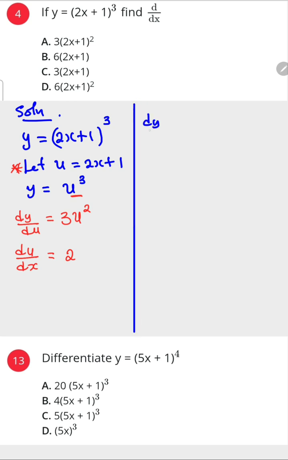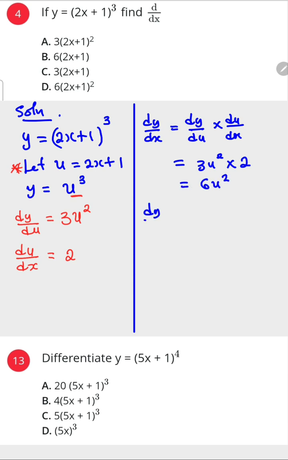So my dy by dx is gotten by saying dy by du times du by dx. Therefore, dy by dx becomes 3u raised to power 2 times 2, which is going to be 6u squared.